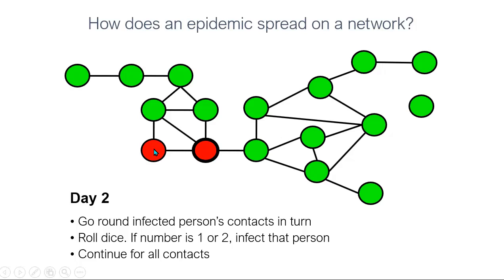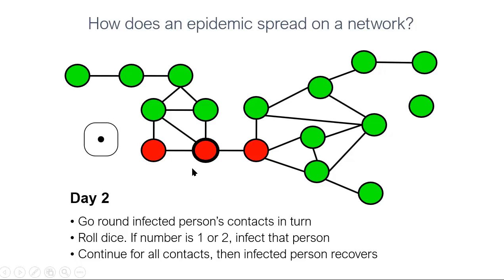Now here you can see there's no exposed time. You could easily modify this to introduce an exposed state. But here, we look at the first person, we go around all the neighbors to see who's going to be infected. Okay, so this person rolls a 6, this person rolls a 4, this person rolls a 1 and gets infected. All right, so that person is infected. Now here it says continue for all contacts, then the infected person recovers.